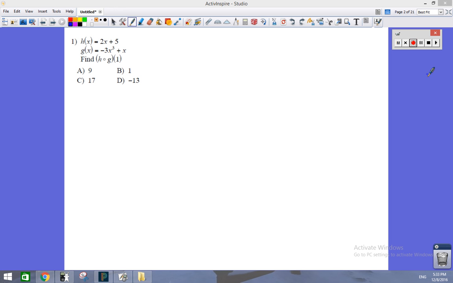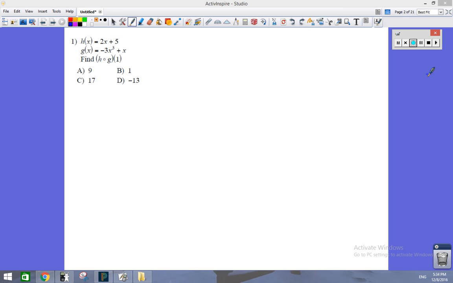Then there's this new operation that we've probably not seen before except in an algebra class, and that's called function composition. We take our number from the domain and plug it into one of our functions. We take that output and it becomes the new input into the other function.